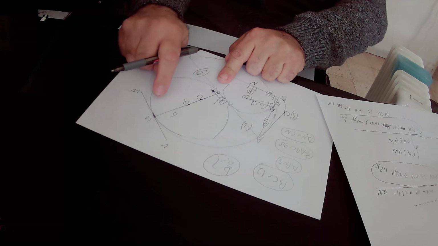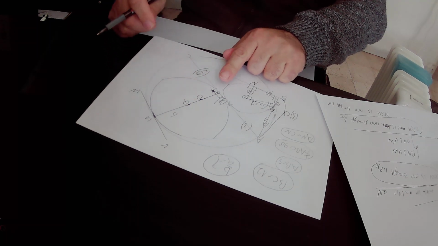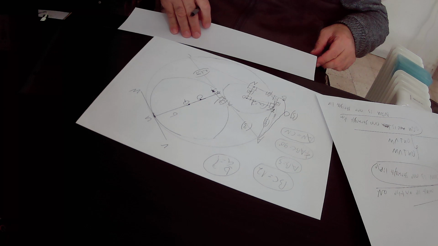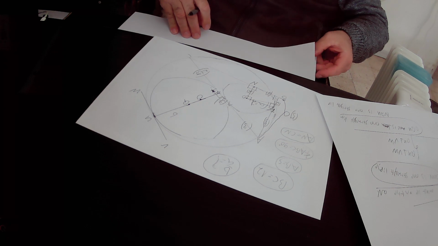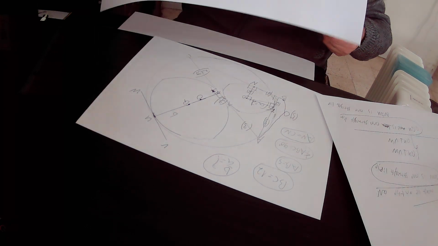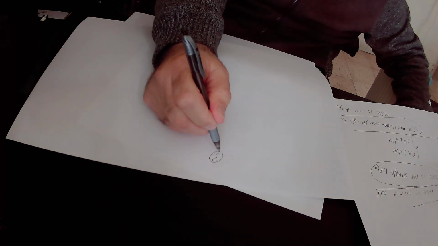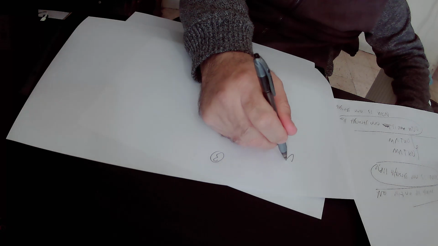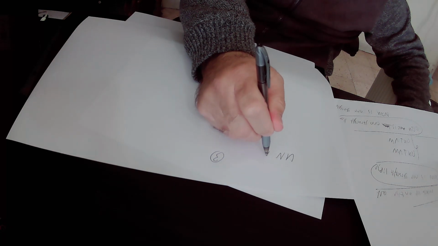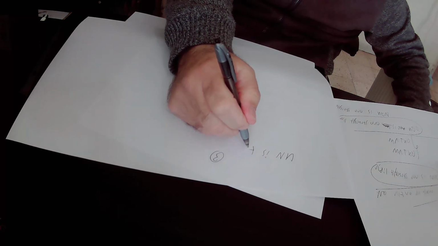Therefore, NU is the diameter of the circle.